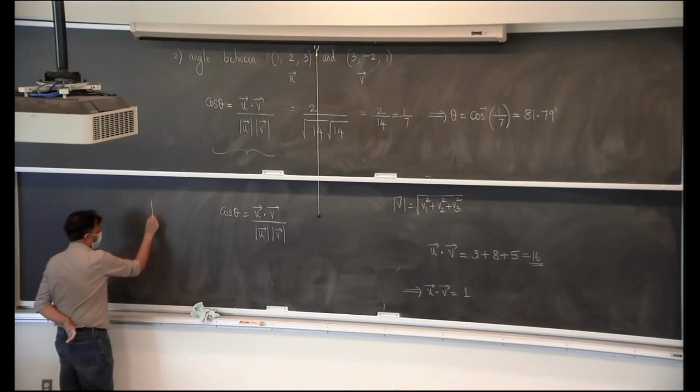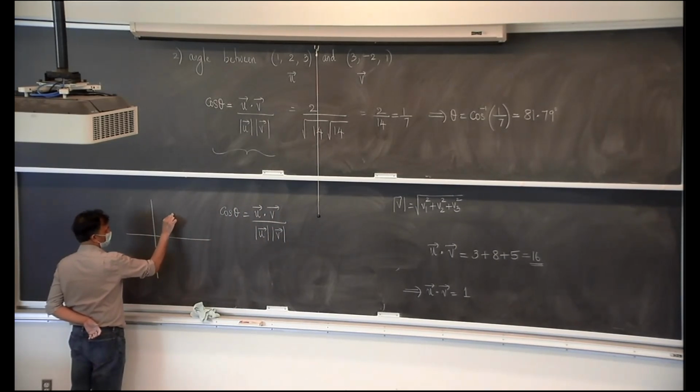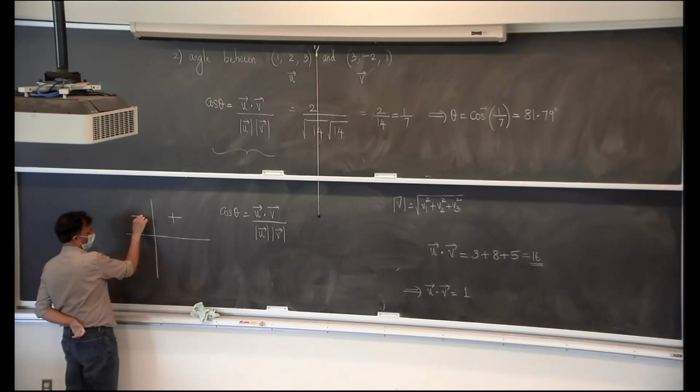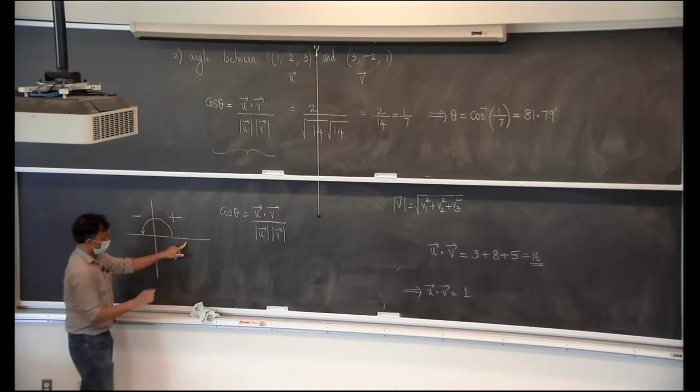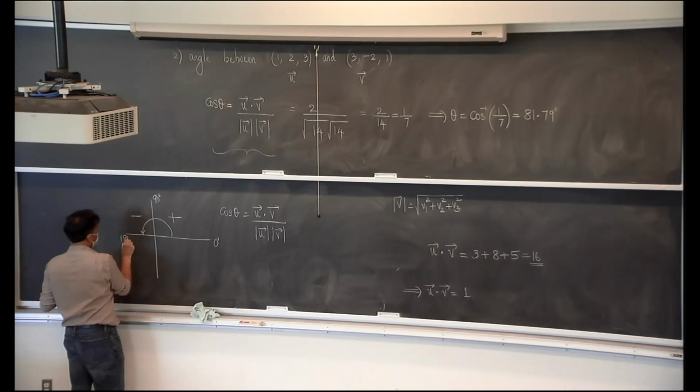And I hope all of you are familiar with the value of cosine in each quadrant. Okay, so the value of cosine in the first quadrant is positive and in the second quadrant is negative as you go from 0 degrees, 90 degrees, 180 degrees. Okay.